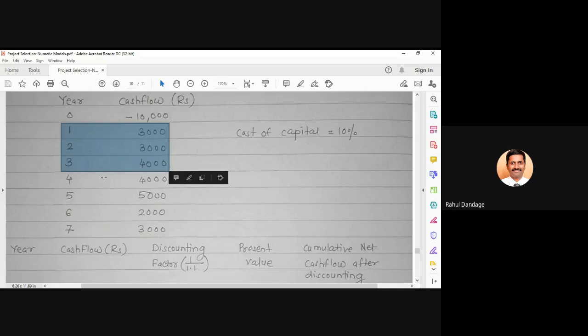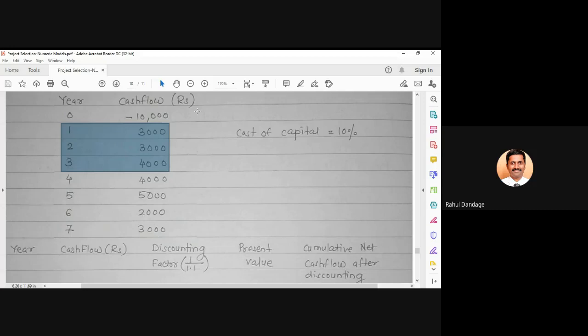As far as the simple payback period method is concerned, our payback period will be 3 years.